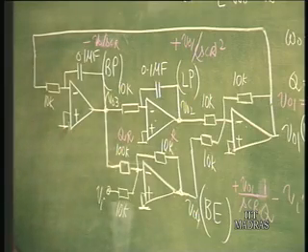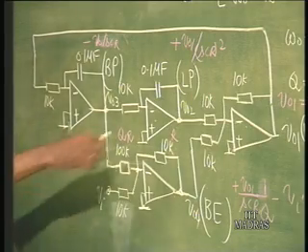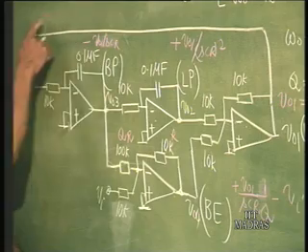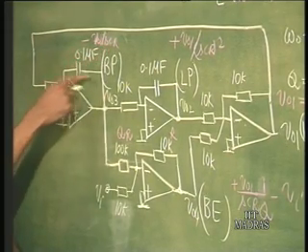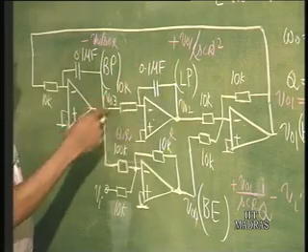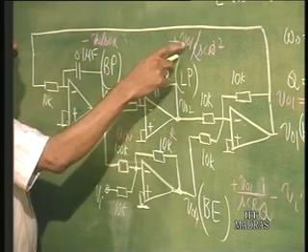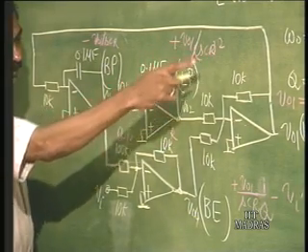So this modifies the circuit in the following manner. If V01 is this input, this is V01 minus V01 by SCR. Again this is integrating a second time, plus V01 by SCR squared is what appears here.